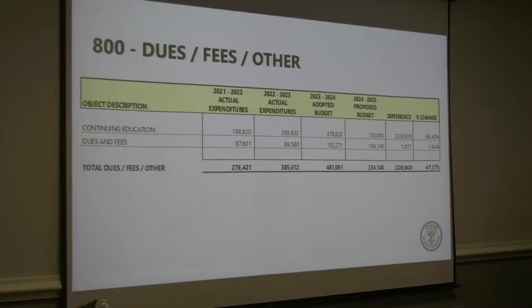And then dues and fees are a combination of various fees that we pay to be members of all kinds of organizations, many of which our students benefit from, such as the National Honor Society, NEASC, CIAC.